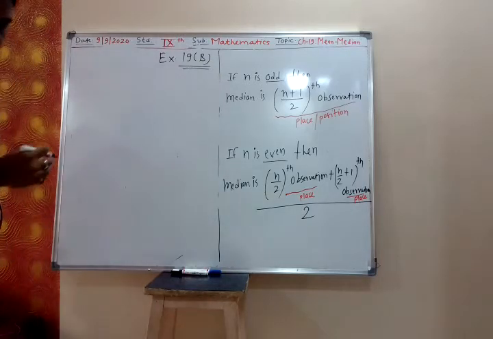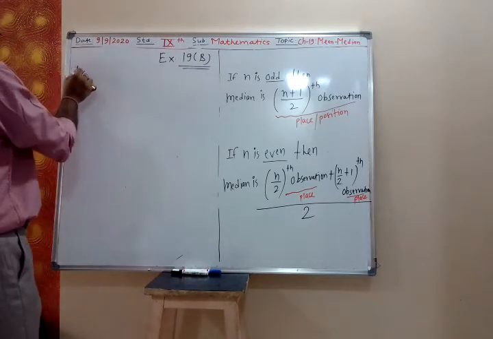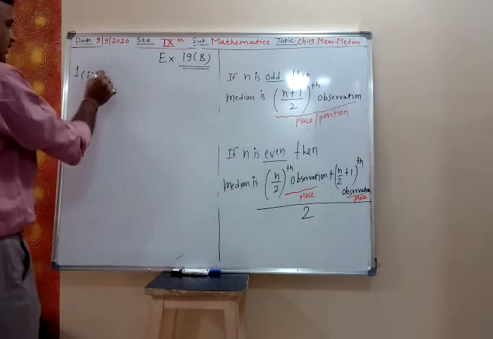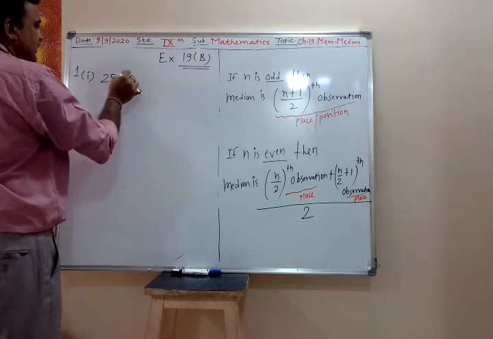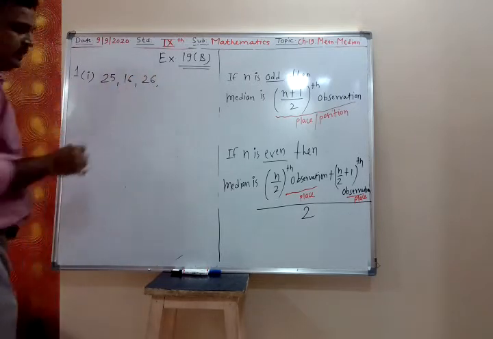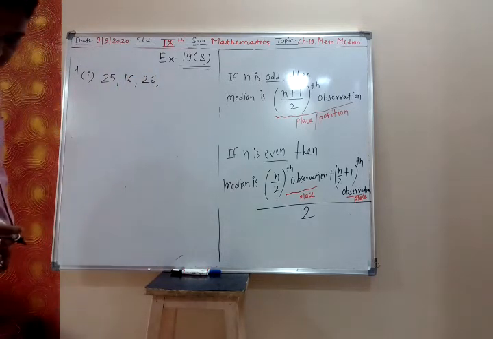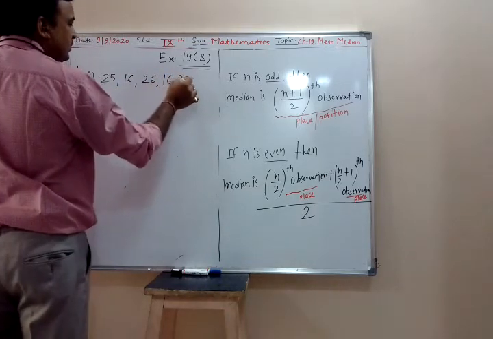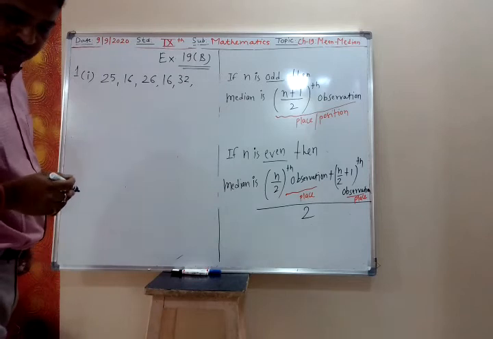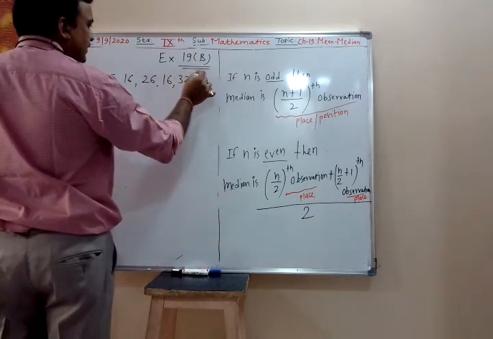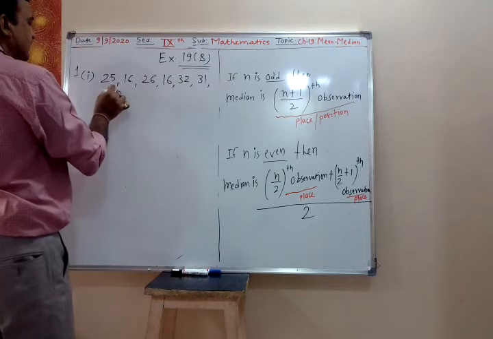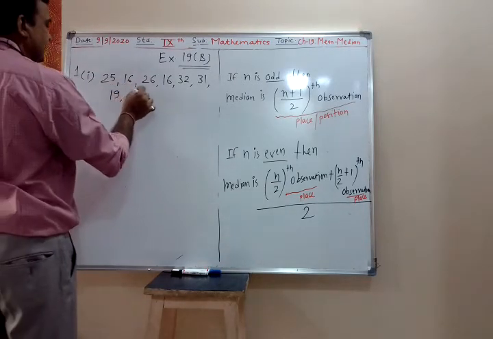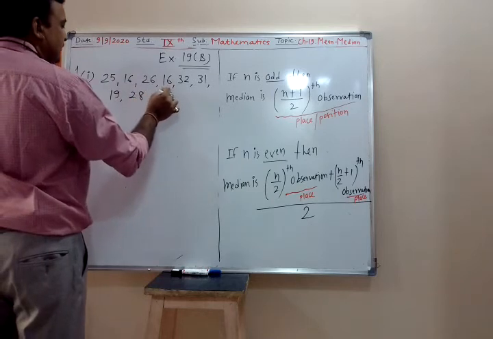First, find the median of 25, 16, 26, 16, 32, 31, 19, 28, 35.